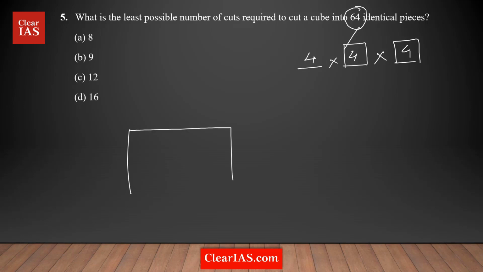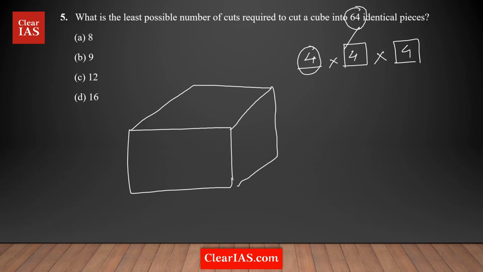I'm drawing a cube here so that it's easy for you to identify. Let's start with 1 axis. I need to get 4 pieces along the length. How many cuts do you need to get 4 pieces along 1 axis? You need 3 cuts to get 4 pieces, right?